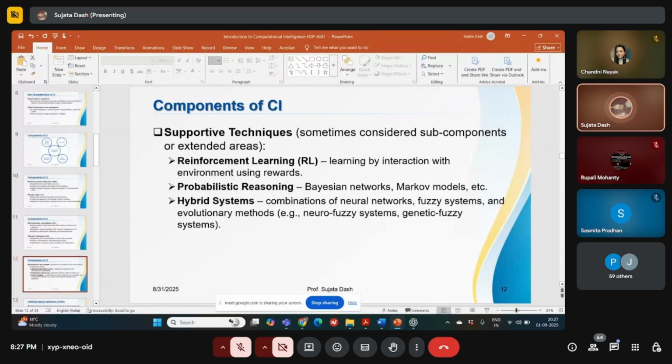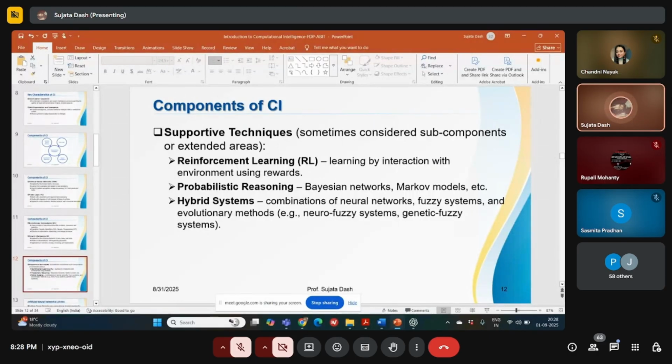Then third comes hybrid systems. No single CI technique is perfect for all problems. So researchers combine them to form hybrid systems that balance the strengths of both tools. For example, a neuro-fuzzy system. Here we are combining neural networks and fuzzy logic, developing a system that learns from data and can also handle uncertainty because we are using fuzzy logic.